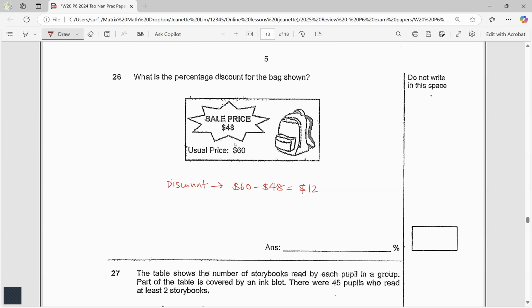So percentage discount is discount over the original 60 times 100%. When you simplify it, it is 1/5. 1/5 of 100 is 20. So answer, 20% discount.